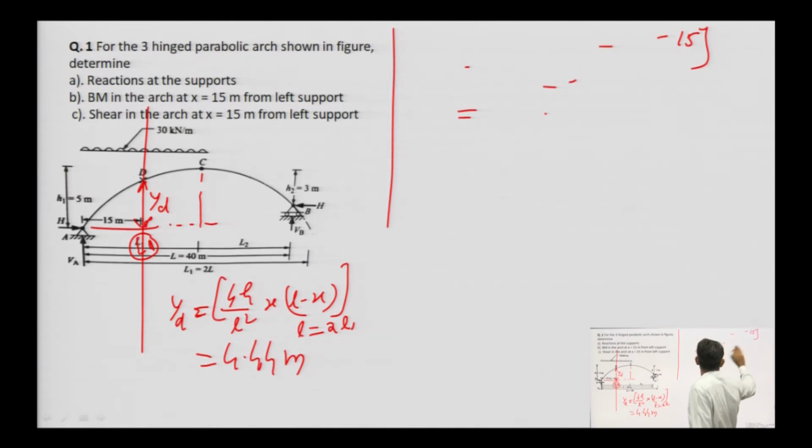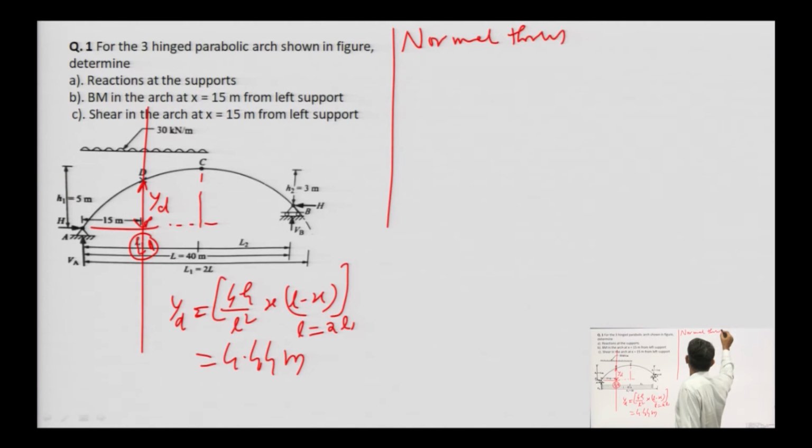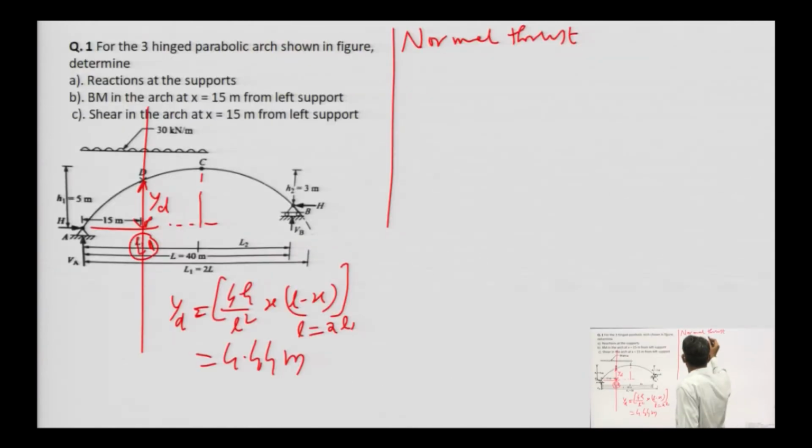So, we will use the equations for N and Q. Normal thrust and radial shear, that we resolved in the previous class, resolving the forces. Radial shear is Q.